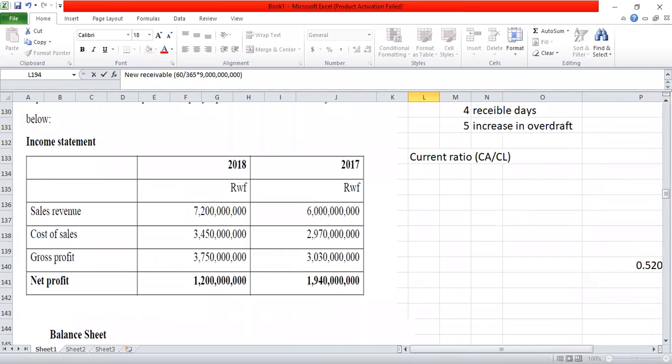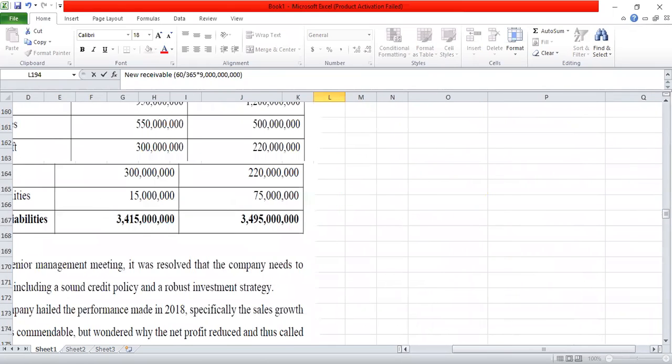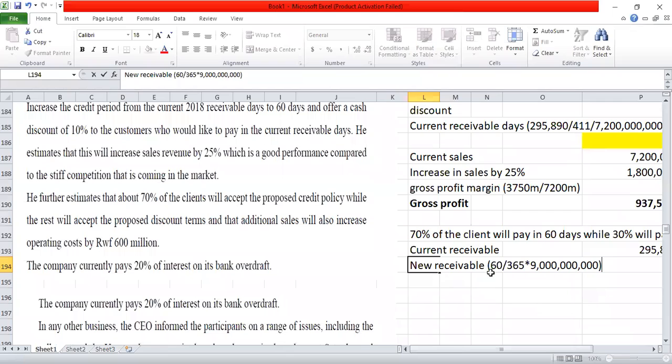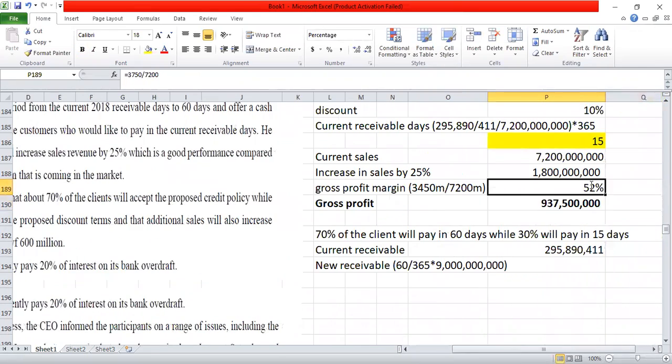It's 3450, not 3750. It is 3450. So it is 48%.